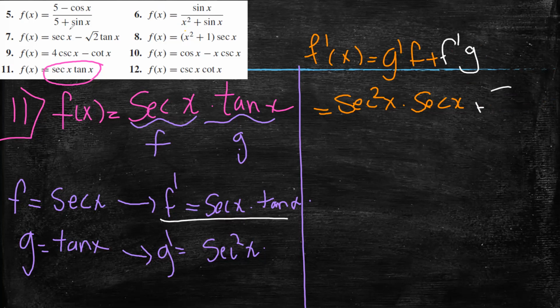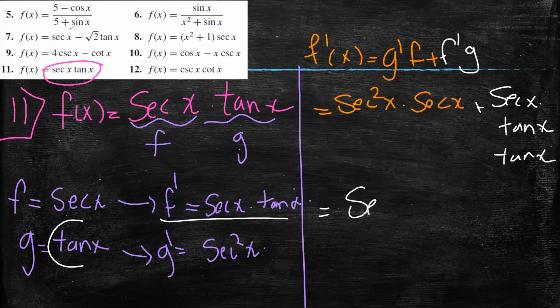It is secant tan times g, which is also tan. So the answer here is, continue, darling: secant to the power of 3 x plus secant by tan to the power of 2. Thank you.